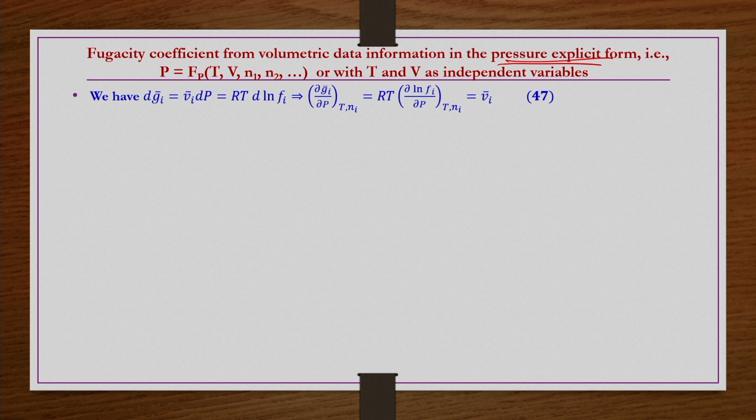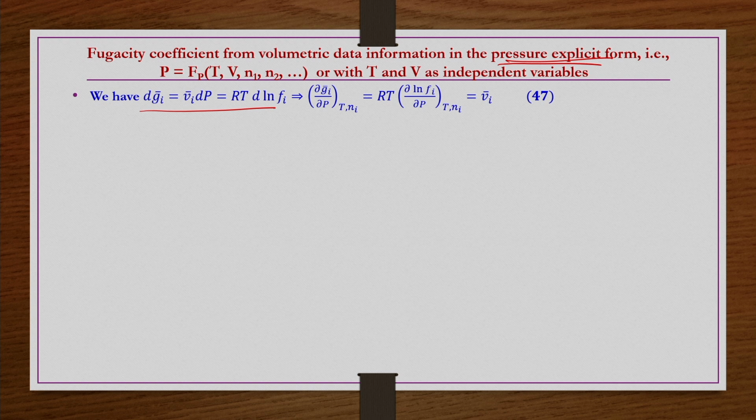So, we have a relation d G_i bar is equal to RT d ln f_i, and that is nothing but V_i bar dP. This we have also seen in one of the previous lectures. Now, if you partially differentiate this equation with respect to pressure, then we get ∂G_i bar/∂P at constant temperature and composition is nothing but V_i bar, and that is nothing but RT ∂/∂P of ln f_i at constant temperature and composition.